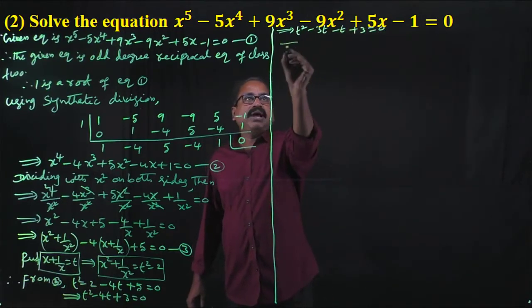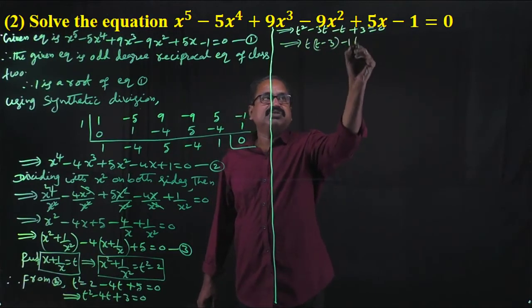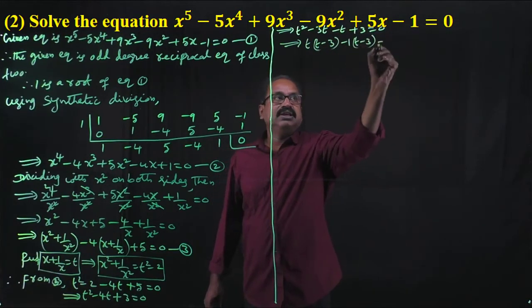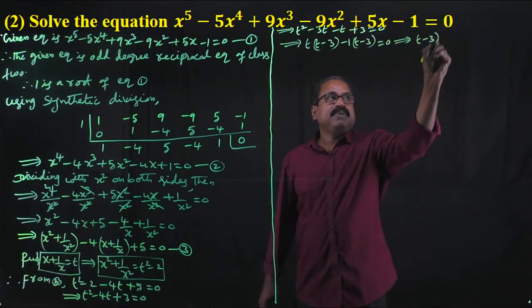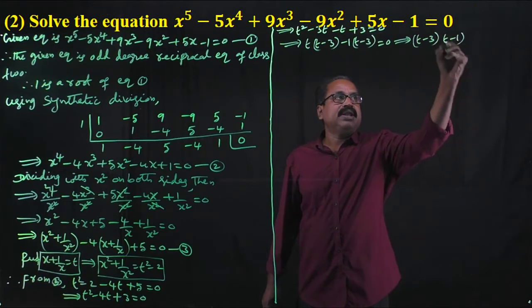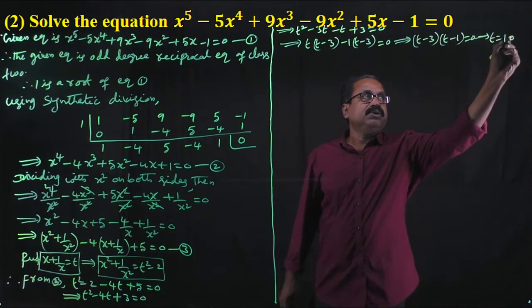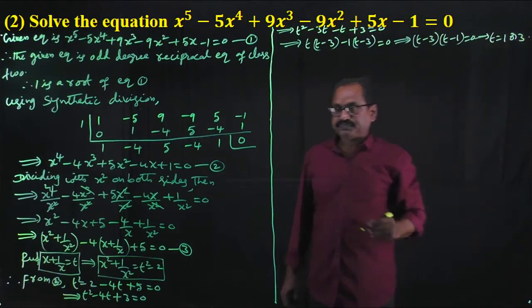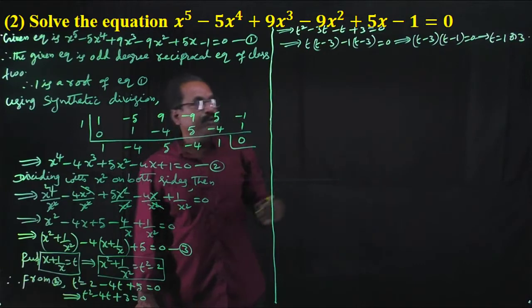So this implies t into t minus 3, minus 1 into t minus 3 is equal to 0. This implies t minus 3 into t minus 1 is equal to 0. This implies t is equal to 1 or 3.